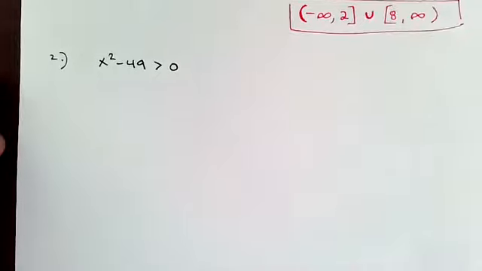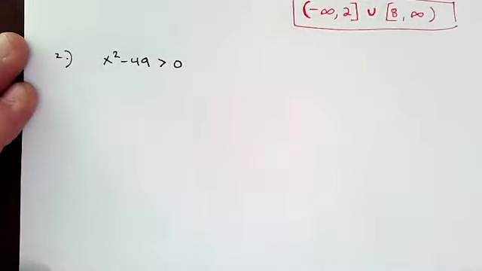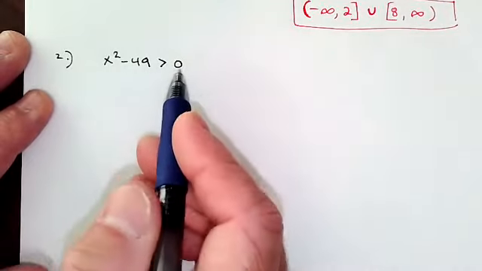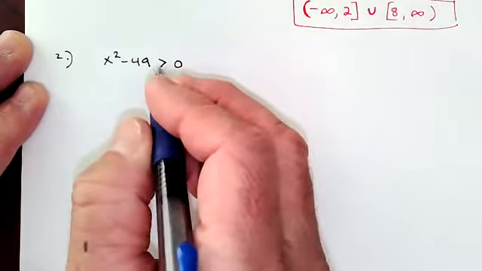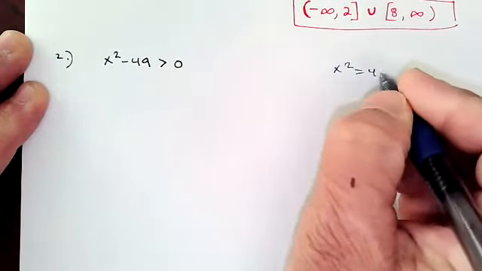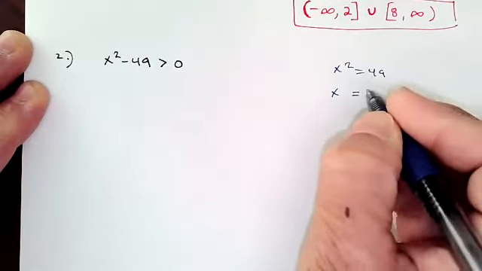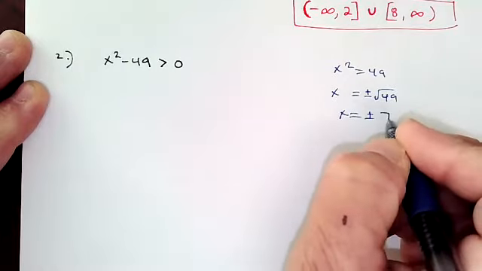Okay. So this technique is so important, and even something simple like this is so easy to make the mistake and try to do it like you would an equation. Namely, if this was x squared equals 49, what I would do is just take plus or minus the square root, and I would get x equals plus or minus 7.